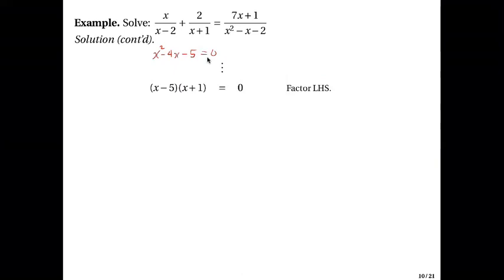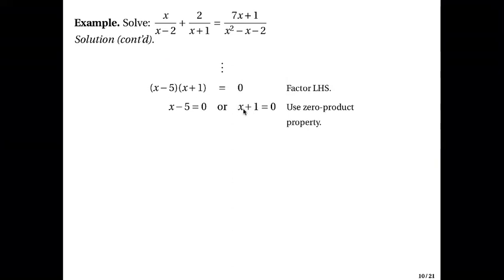Now, look at this. We use now the zero property. We will have x minus 5 equals 0 or x plus 1 equals 0. But in here, look at this.